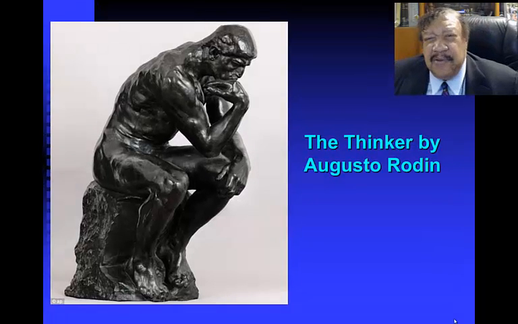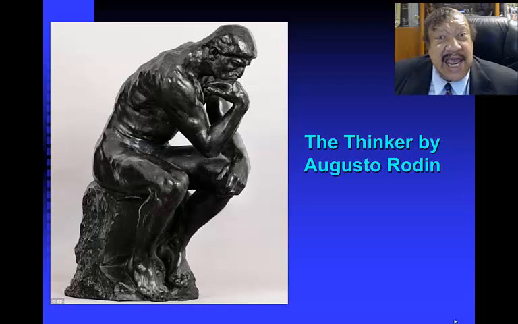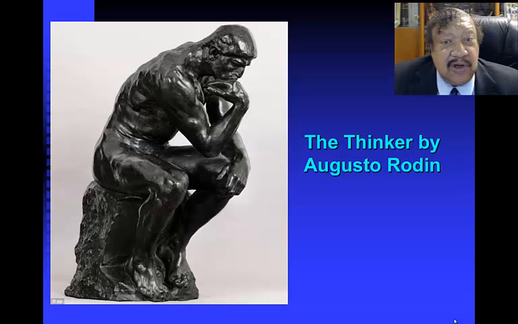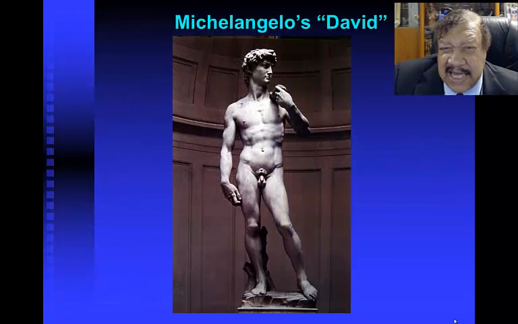Then we have a famous work by Auguste Rodin. It's called The Thinker, and we're very familiar with this piece, but this has been cast in bronze. It can be outside because it is metal, and we want to look at a work of art and say, okay, how was that created? It was created by casting.